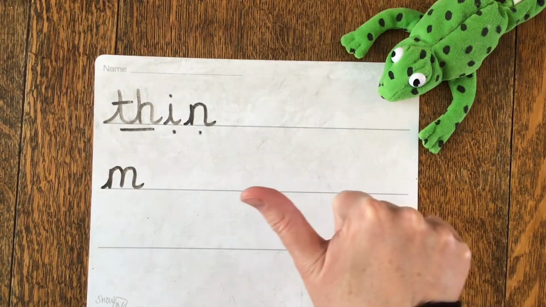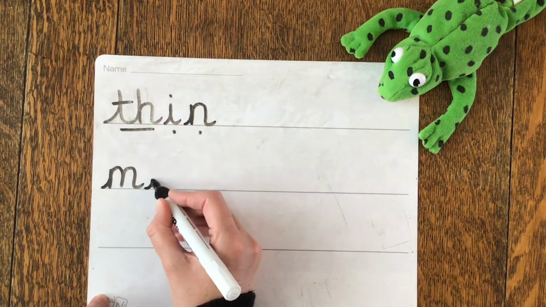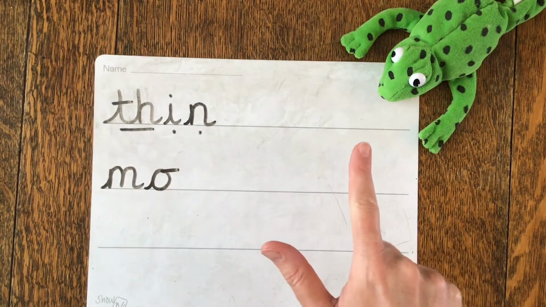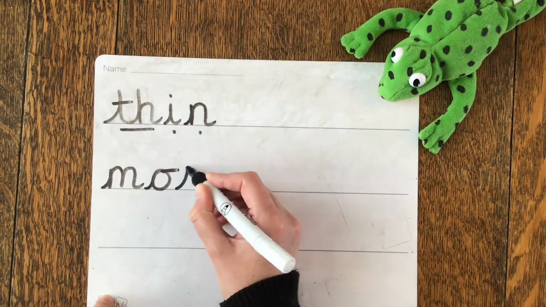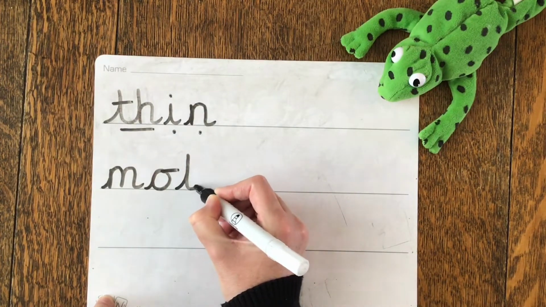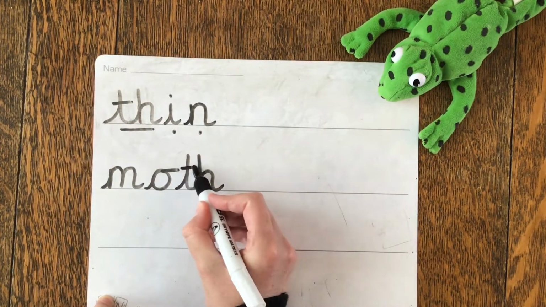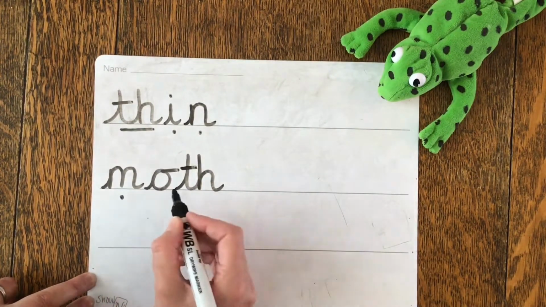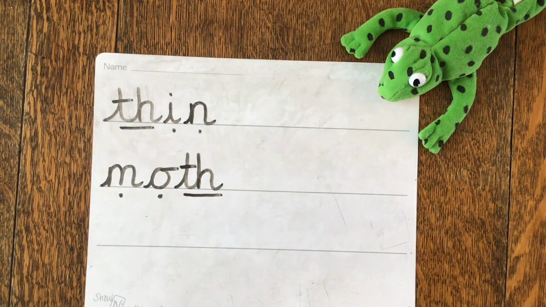Our middle sound was o, orange. There's our digraph on the end. Let's do the T first, and then the H. And we go back, across the T. I'm going to add my sound buttons now. M, o, th. Moth. Your turn to have a go at writing them.